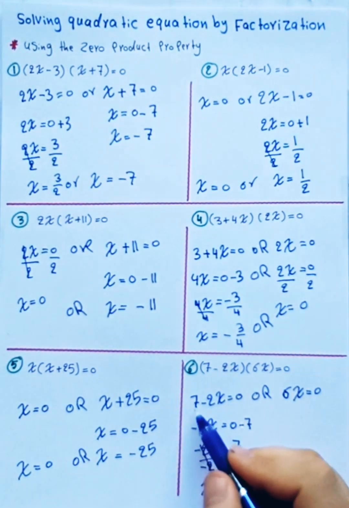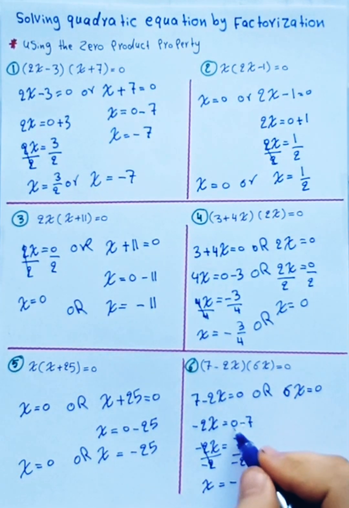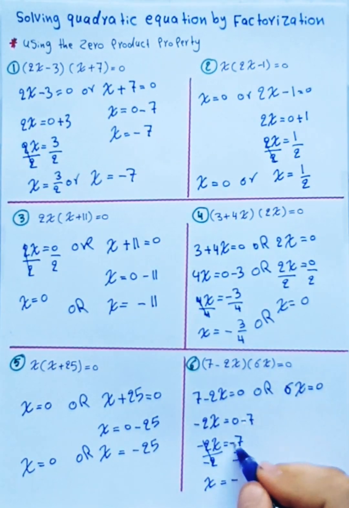But 7 is positive. When we change the place of positive 7 to the right side, it becomes negative. So 0 minus 7 equals negative 7. And then these two signs become positive, so x is 7 out of 2.